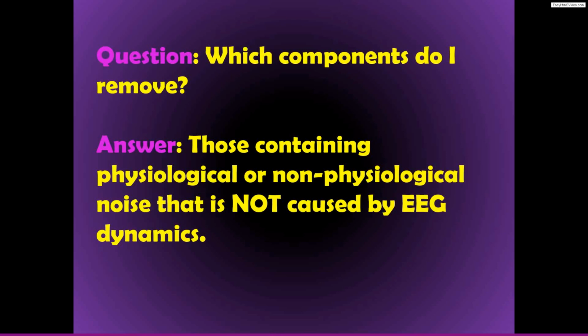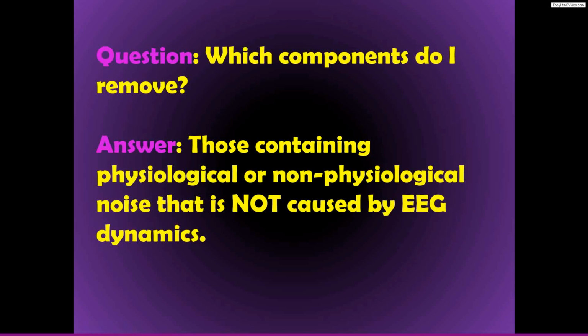The answer is seemingly simple: you should remove the components that contain noise that is not caused by, this is actually wrong on the slide, it should say brain dynamics. You want to identify noise that is not caused by brain dynamics.